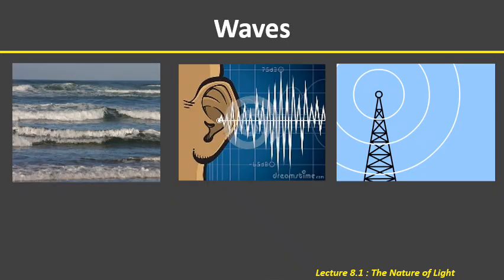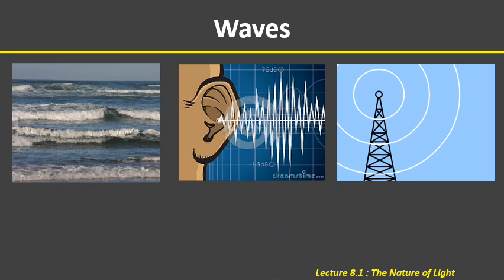Okay, so light travels in waves, and waves are a very common physical phenomenon. There are a lot of very different kinds of physical phenomena that all have wave properties. And even though they're very different, insofar as they're all waves, they have some similarities. So, of course, you've got waves at the beach, waves in water.